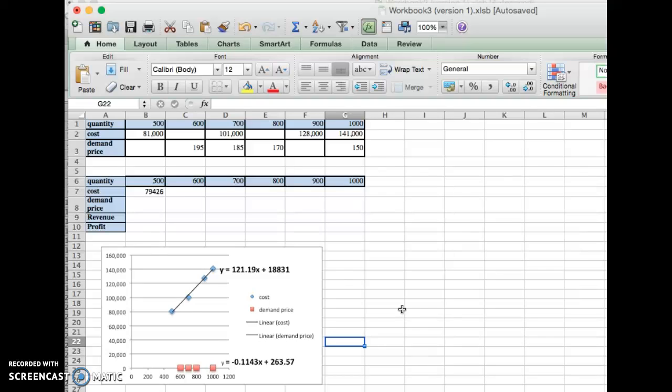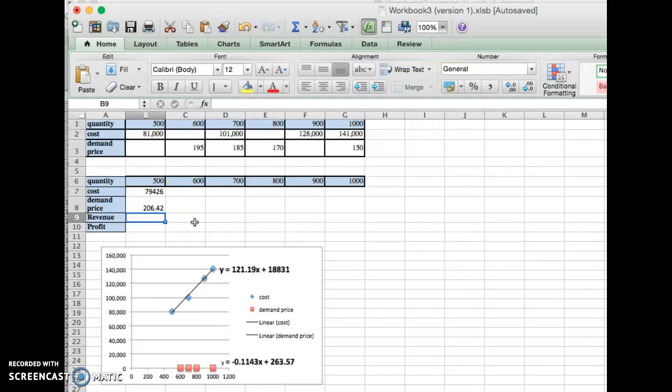So we have that our demand price is going to be equal to minus 0.1143 times my quantity, and then plus 263.57.